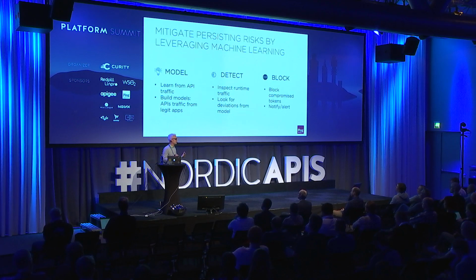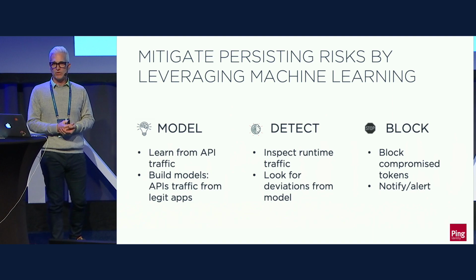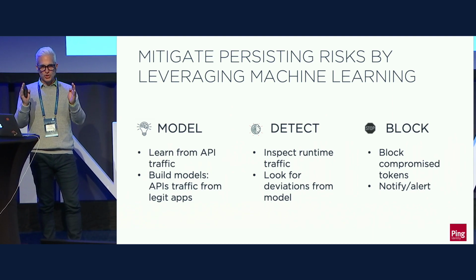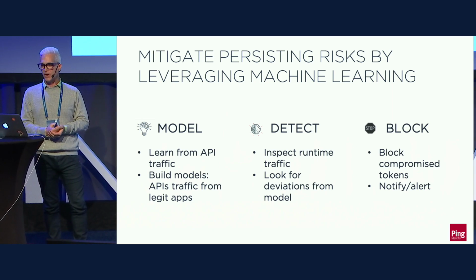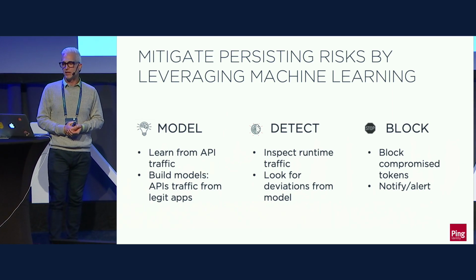What I mean by persisting is that you can minimize these risks by adding better security practices, adding more resources to API level security testing. You can be more strict about how you implement API security, and those risks shrink, but they never completely go away. But by leveraging machine learning, here's what you can do.